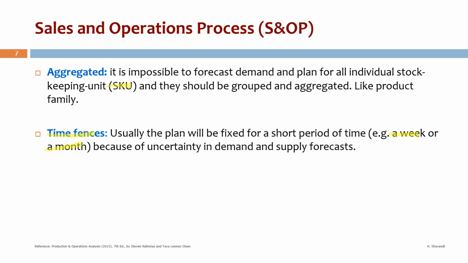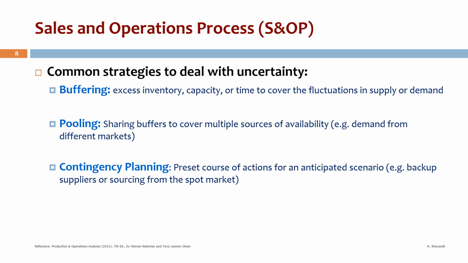It depends on the nature of uncertainty in that industry, and based on that we can obtain what period is appropriate for aggregate planning. Since aggregate planning is a plan for the future, we have uncertainty in future characteristics, future demand, or future supply, and so on.